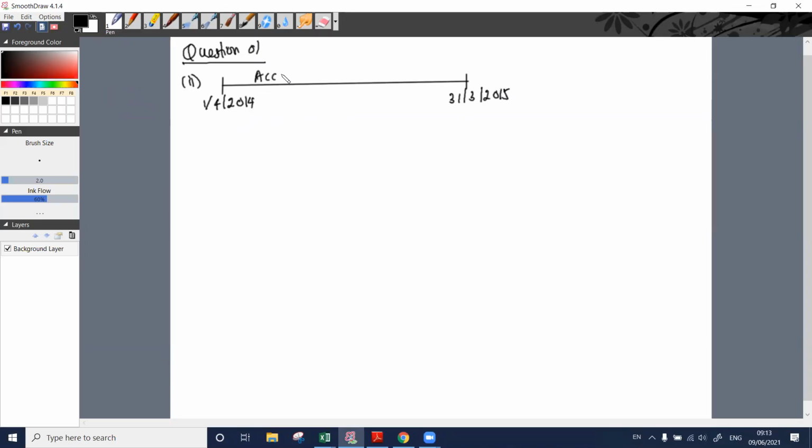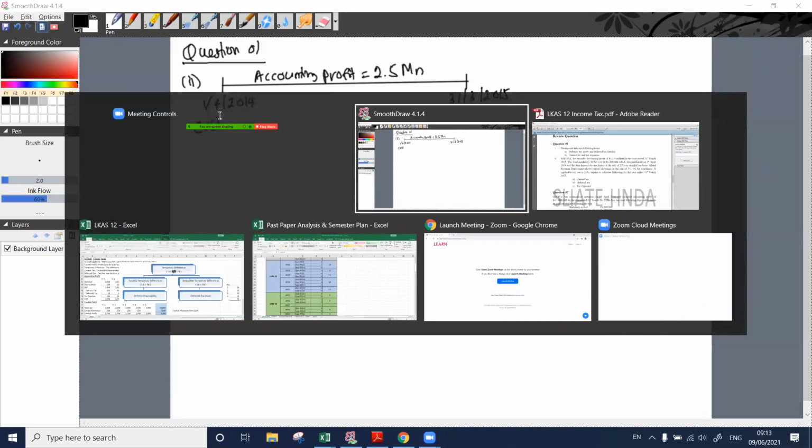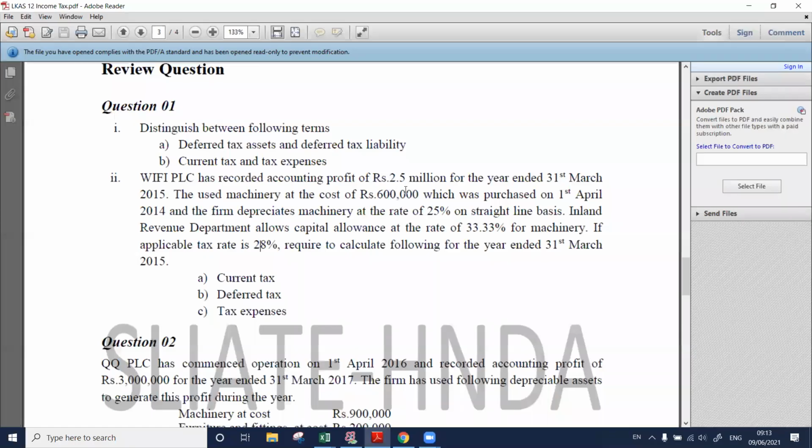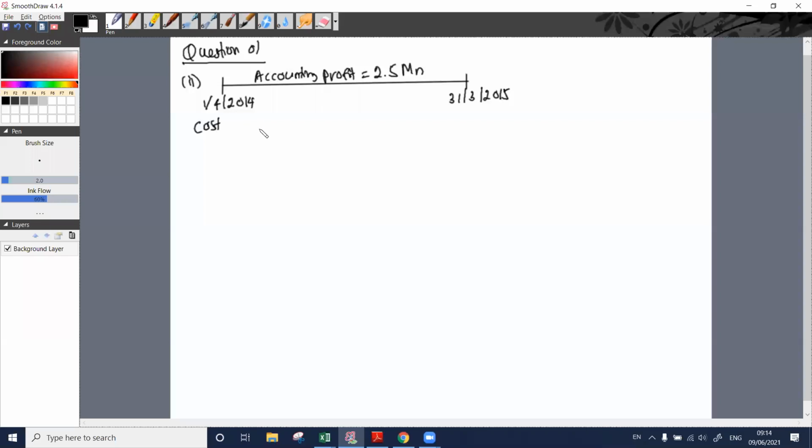For this financial year, we have an accounting profit of 2.5 million rupees. And they have given us details about the machinery: the cost is 600,000, depreciation rate is 25%, and capital allowance rate is 33.33%.